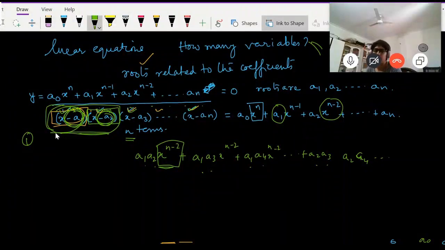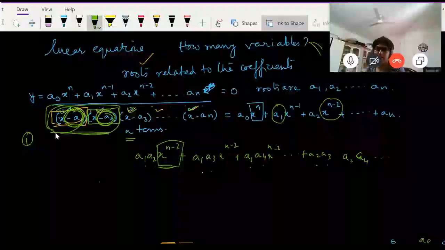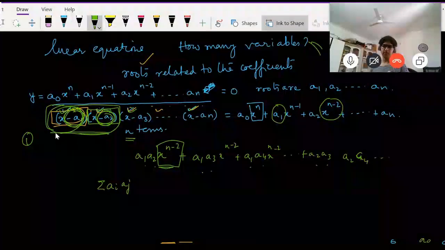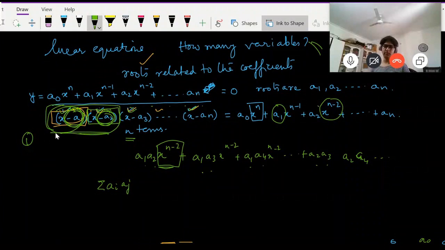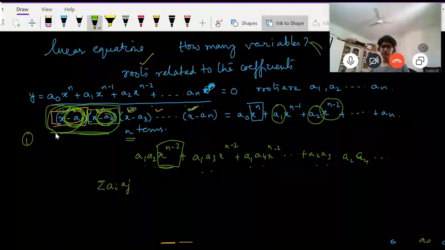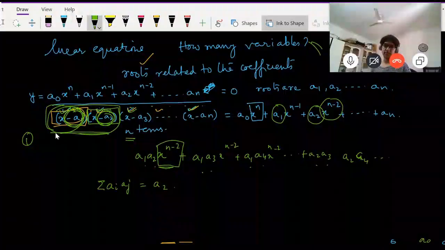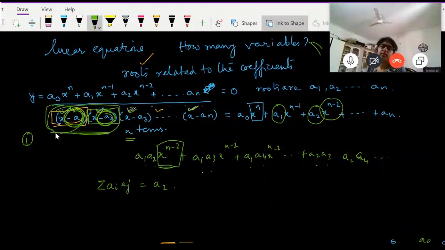right? So that means all this ai, aj, the summation of that will be equal to the coefficient of x to the power n minus 2 here, which is a2, right?